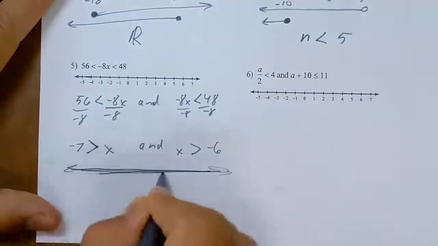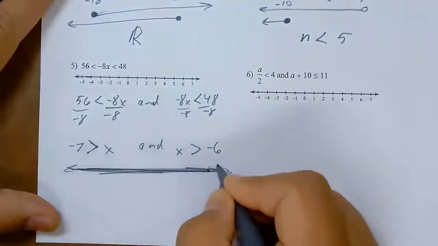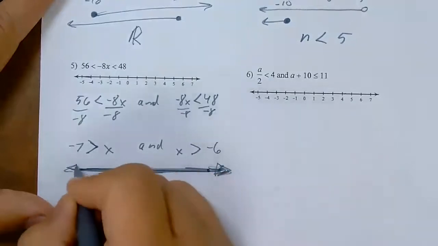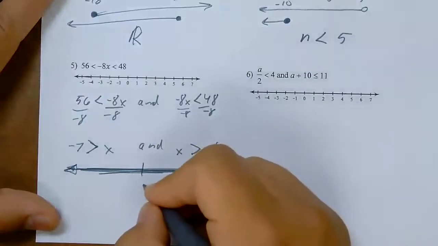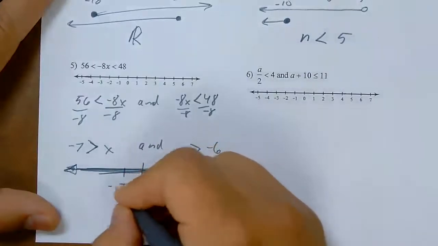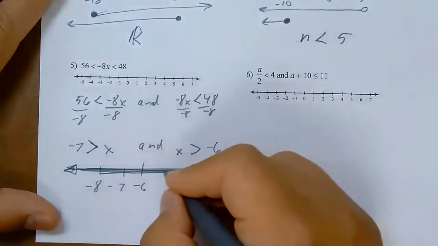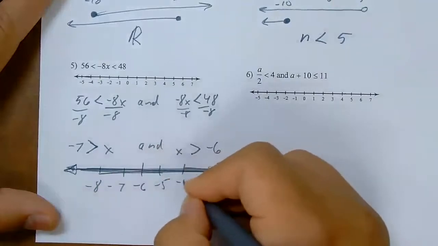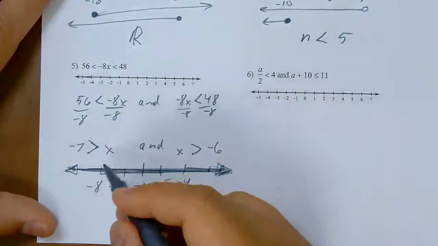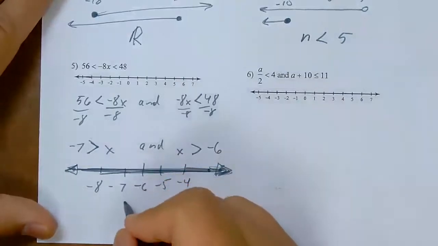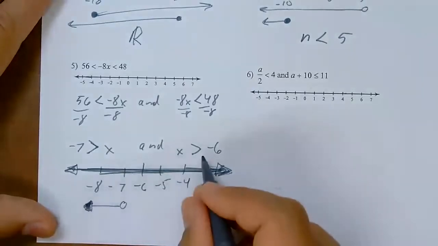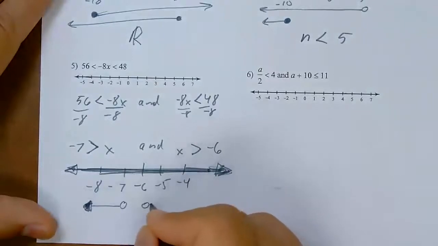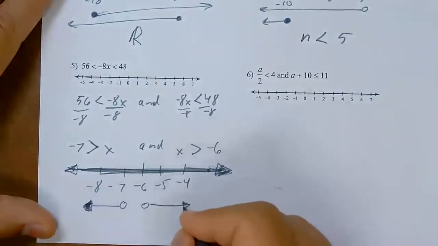Okay, so let's put in our practice number line. So we have negative 6, negative 7, negative 8, negative 5, negative 4. This one on the left, x less than negative 7, so open circle at negative 7, pointing left. Greater than negative 6, open circle at negative 6, pointing right.